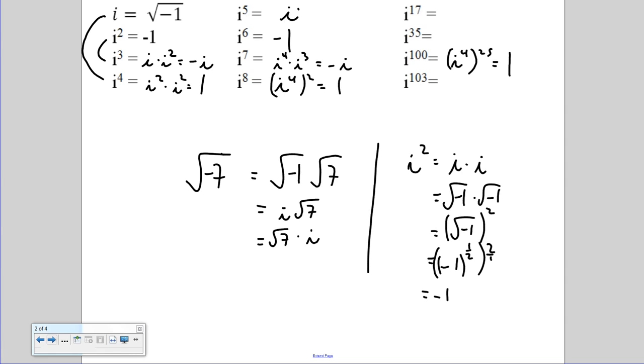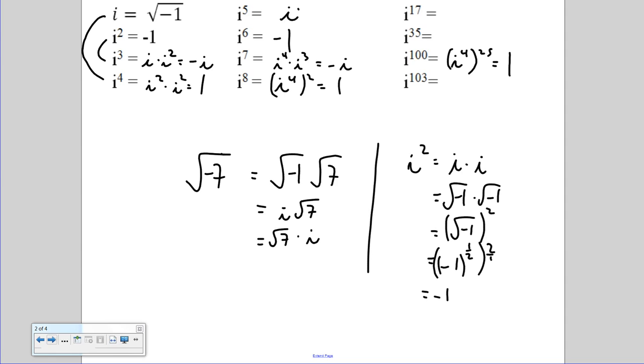i to the 16th power, 1. i to the 24th power, 1. i to the 4 billion power, 1. You can act really smart about what i to a certain power is equal to, because if the exponent is divisible by 4 evenly, you know it's equal to 1, because 1 to any power is equal to 1.